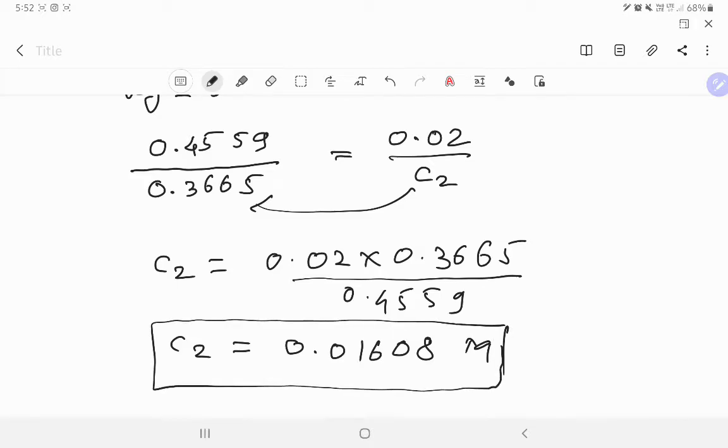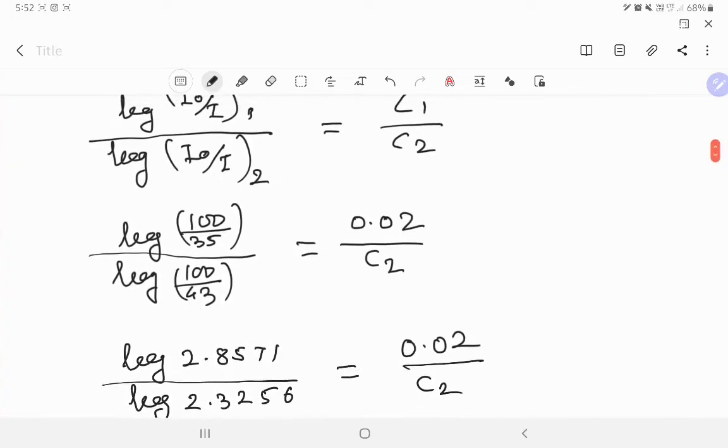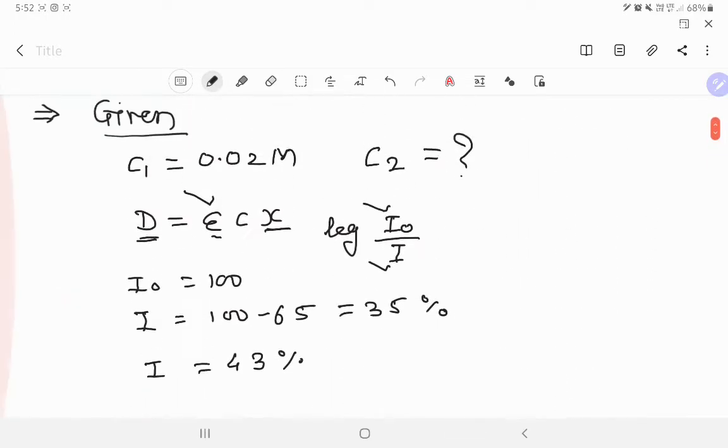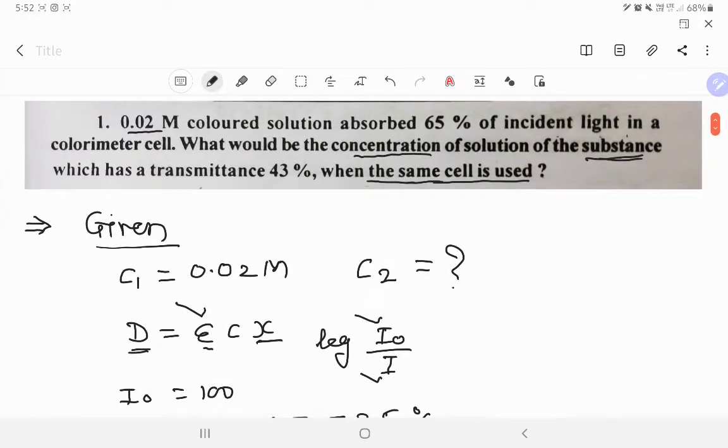If you are asked a comparative problem, here what is given? Again see, two solutions are given and two absorbances or transmittances. Absorbed light is 65%, here transmitted light is 43%. And here we are taking I. This I is the transmitted light, mind well, it is not absorbed light.